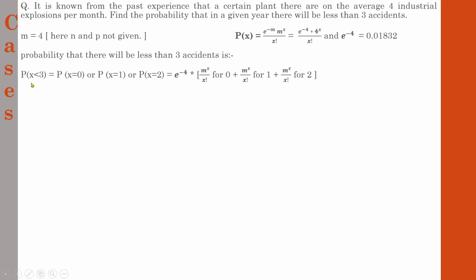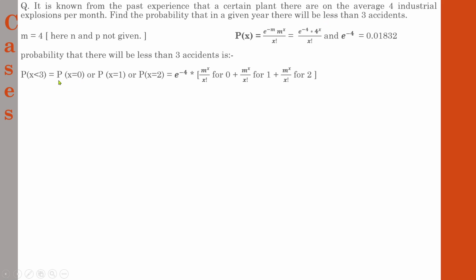So it can be written as P of x less than 3. No accidents at all is represented by x equal to 0. It may be one accident at a time, so x equal to 1, and x equal to 2. I hope you understand the meaning of less than 3 accidents and how we have represented the same in this Poisson distribution pattern.